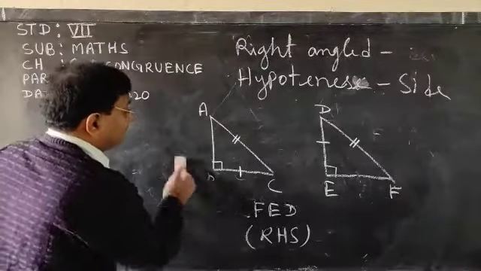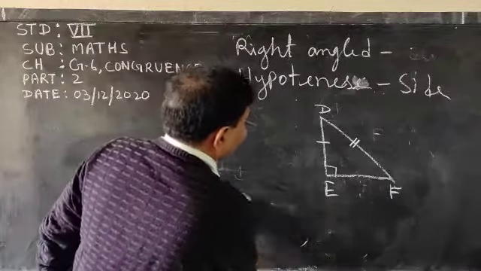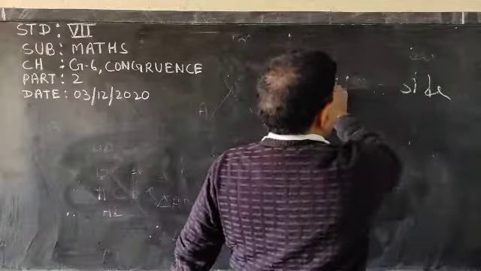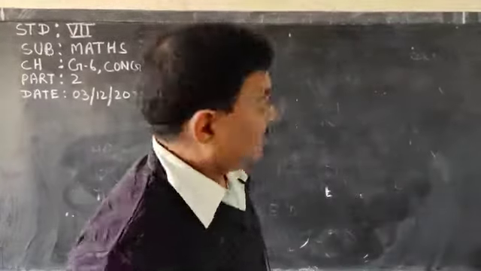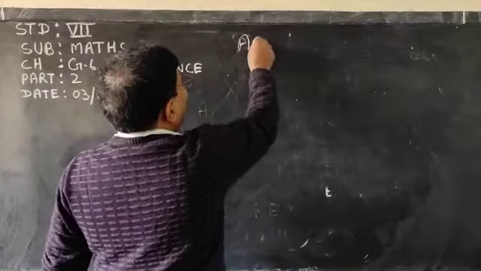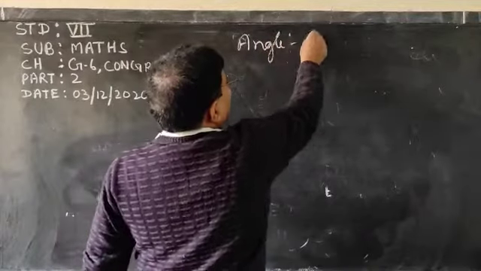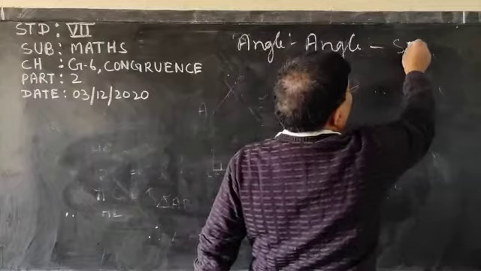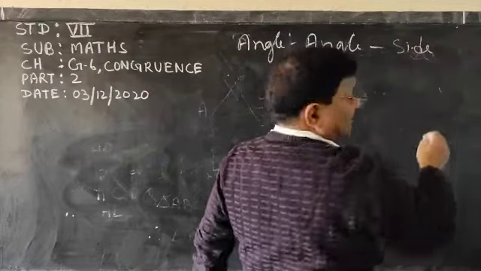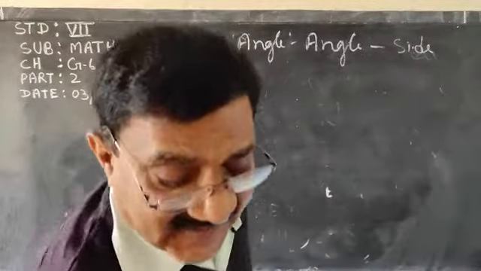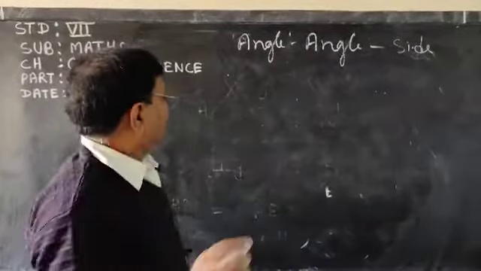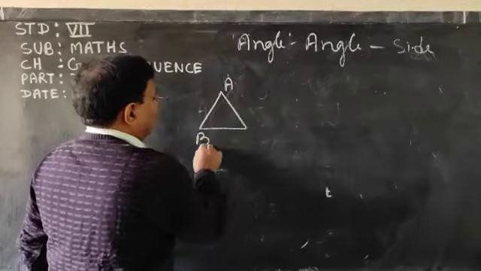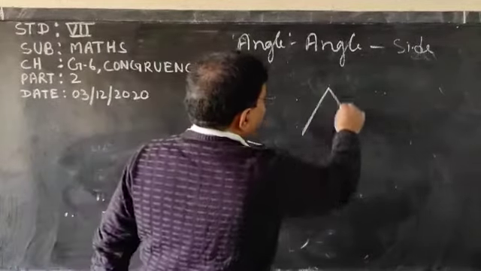And let me discuss the fifth condition, AAS, which is not given in your book but is important. Angle, angle, side. It means two angles and then one side are equal. Suppose this is triangle ABC and this is triangle DEF.